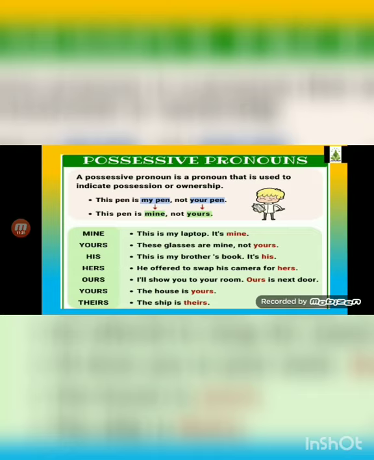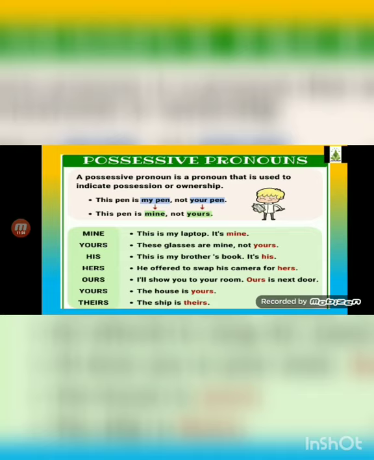Mine, this is my laptop, it's mine. Yours, how do you use this? These glasses are mine, not yours. His, now how do you use this pronoun? This possessive pronoun. This is my brother's book, it's his. He offered to swap his camera for hers.